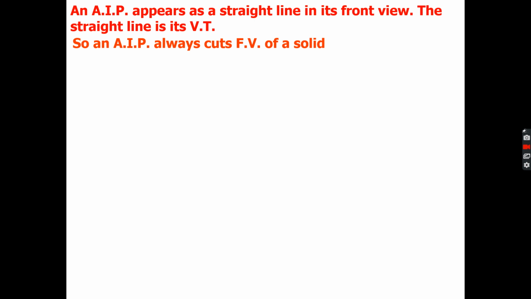When you extend the line toward the vertical plane, or if there is a plane, you extend the plane toward the vertical plane, wherever it cuts the vertical plane is the vertical trace of that point or vertical trace of that line or plane. Okay, so an AIP always cuts the front view of a solid.